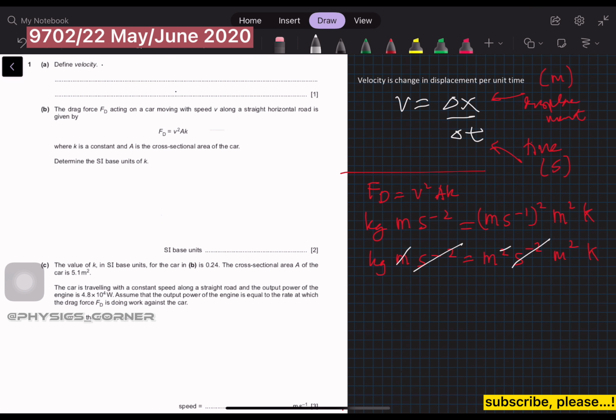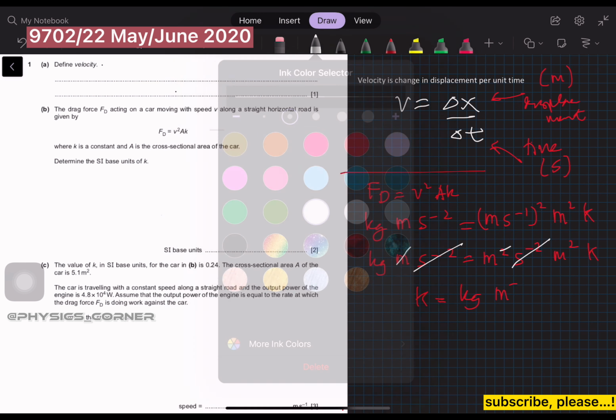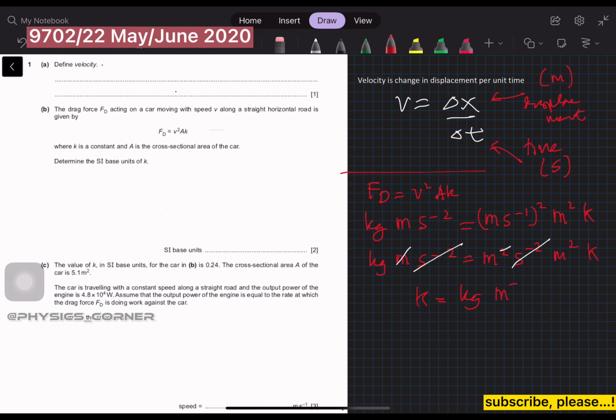So we can get k as kilogram, and meter to the power minus 3. Okay, that's it. Done. This is the unit of k, kilogram meter to the power minus 3.